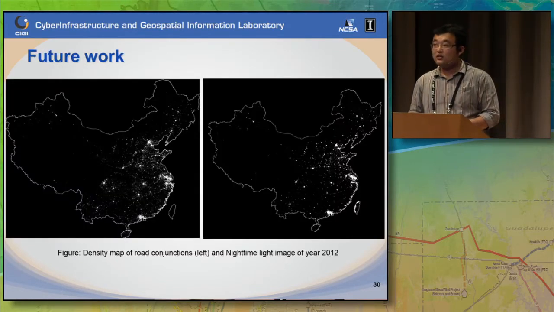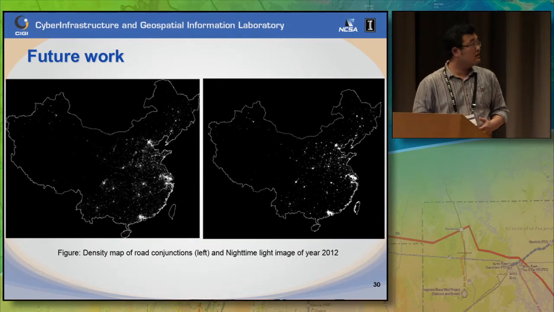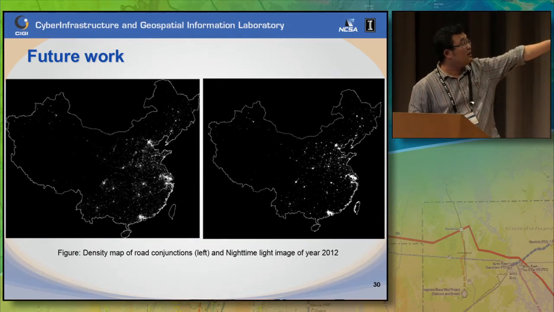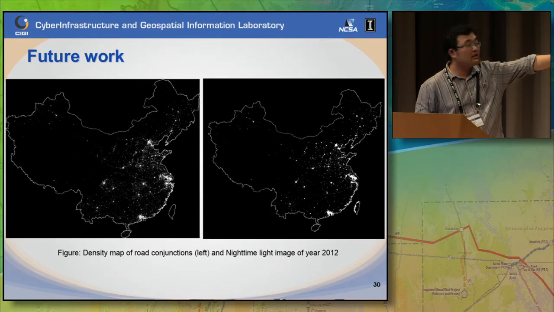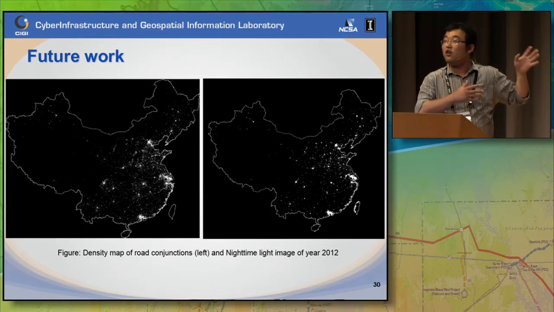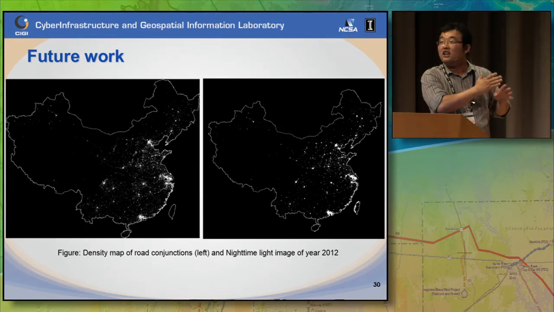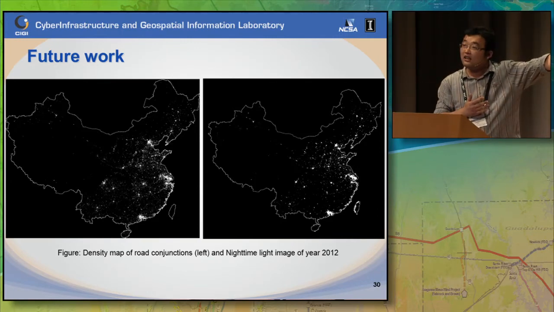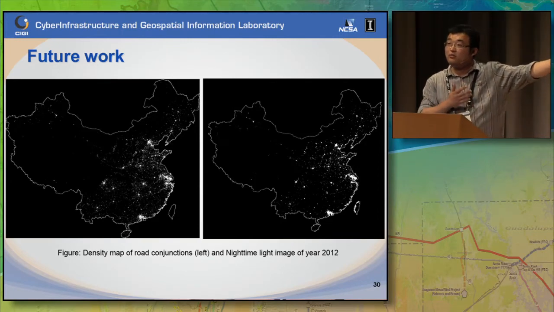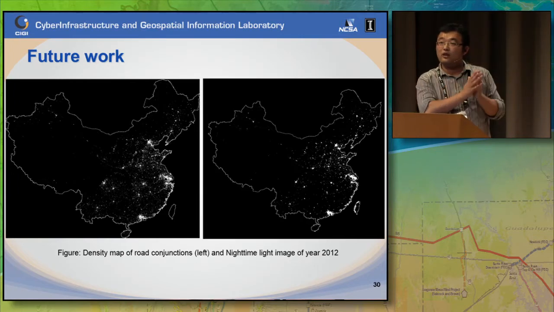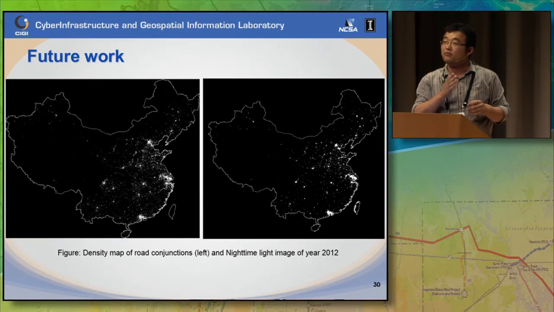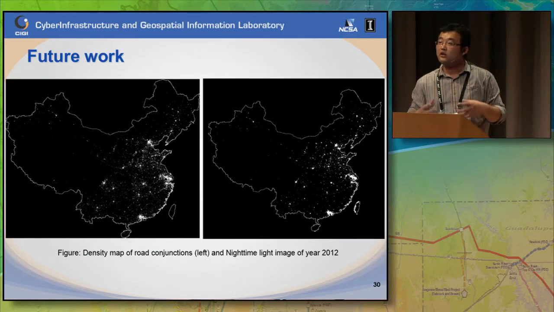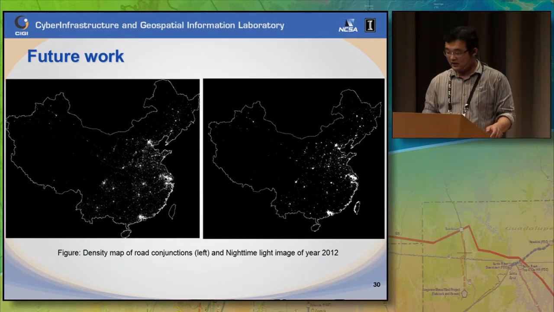The last one I want to show, on the left side, is the road junctions. All the roads in China, the junctions, and the density map of the junctions looks very much like the nighttime image, but somehow we can overlap them and get rid of some places to get more accurate natural cities. That's what we're going to explore in the next stage.